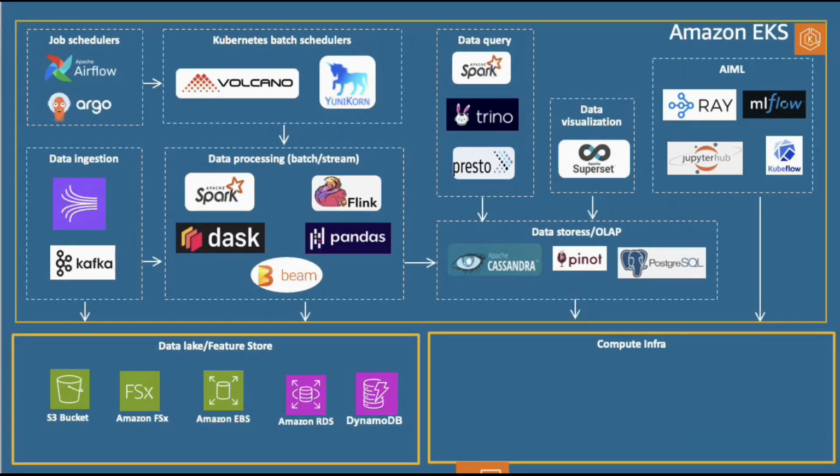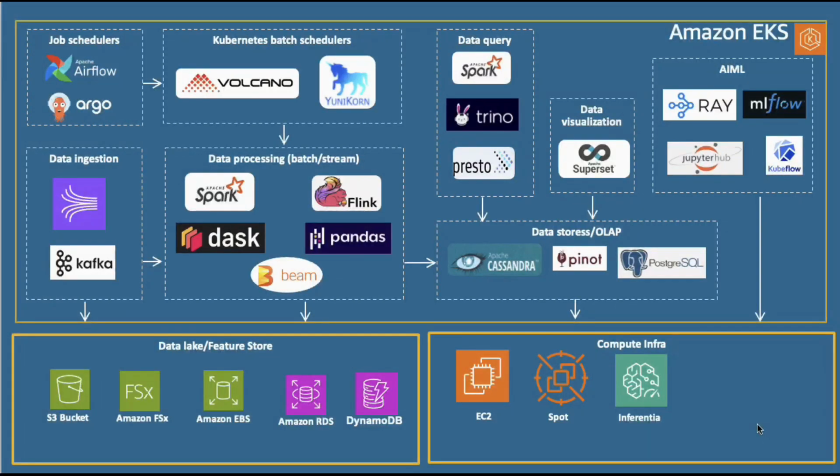For the computing infrastructure, we have many options. Starting with Amazon EC2, this is where you can run the core workloads which are non-data on EC2 machines, and the data workloads could be running on, for example, Spot. For example, the executor pods can run on Spot to save cost.